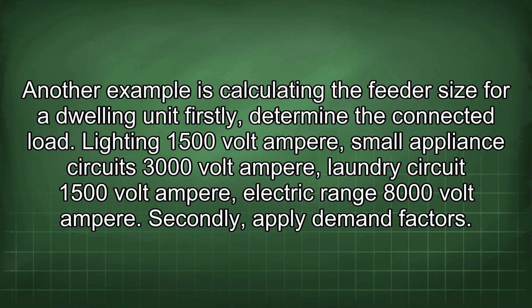Another example is calculating the feeder size for a dwelling unit. Firstly, determine the connected load. Lighting 1500 volt ampere, small appliance circuits 3000 volt ampere, laundry circuit 1500 volt ampere, electric range 8000 volt ampere. Secondly, apply demand factors.